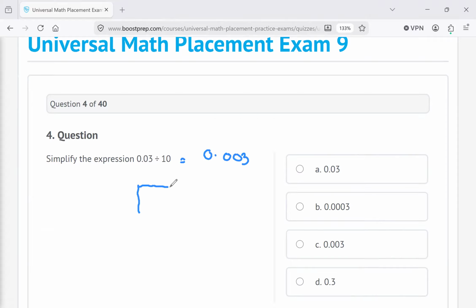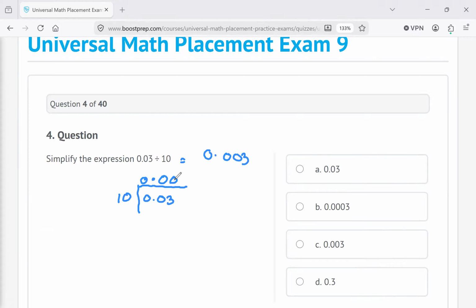You're going to do the box method. 0.03 goes inside the box, 10 goes outside, right? Now, we're lucky 10 doesn't have a decimal. If 10 had a decimal, you'd have to move it, but it doesn't, so it lines up. So 10 goes into the zero, it's too big, so you put a zero here. 10 goes into the zero, it's too big, and then 10 into 3, it's too big, right?